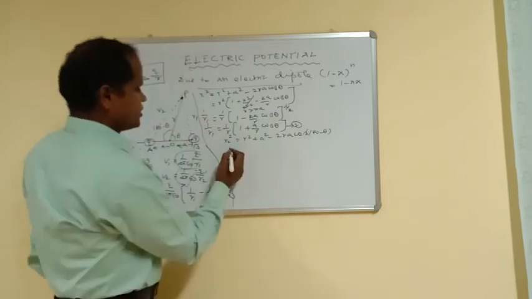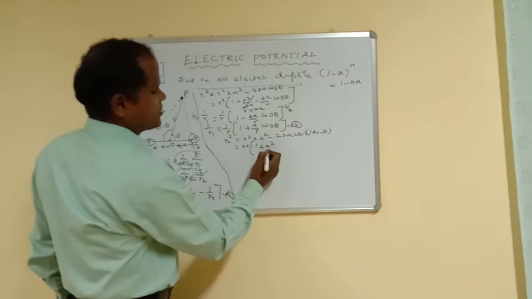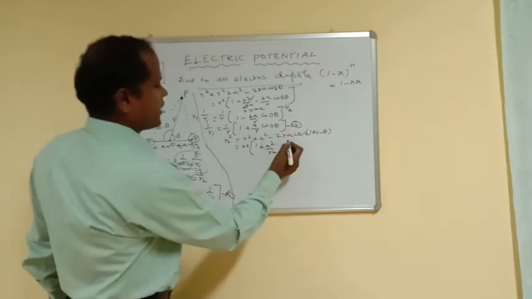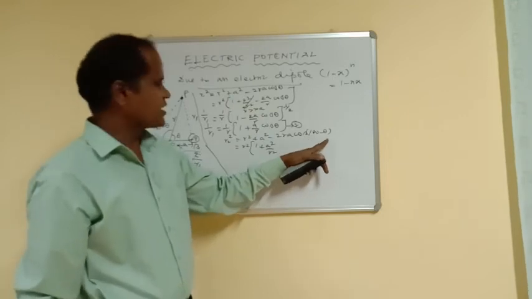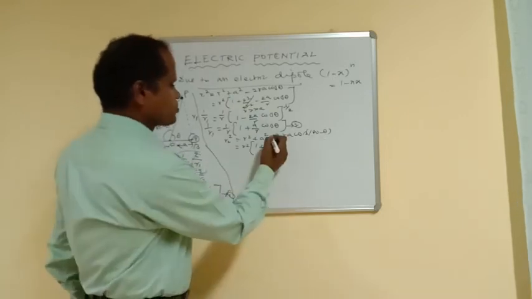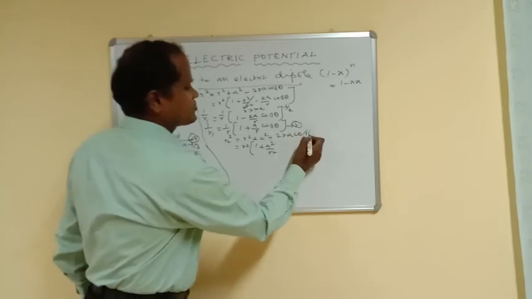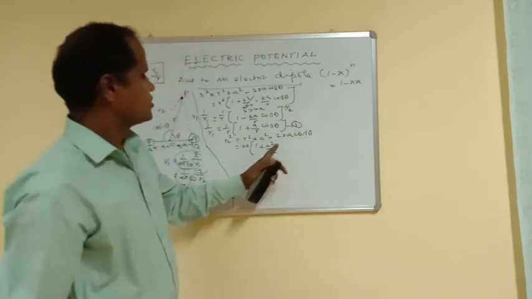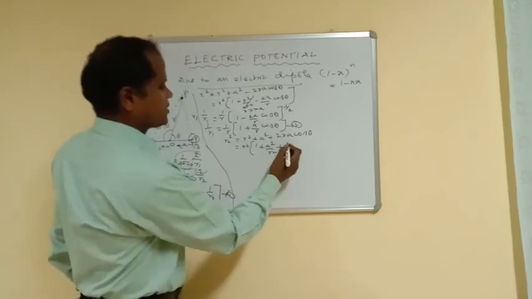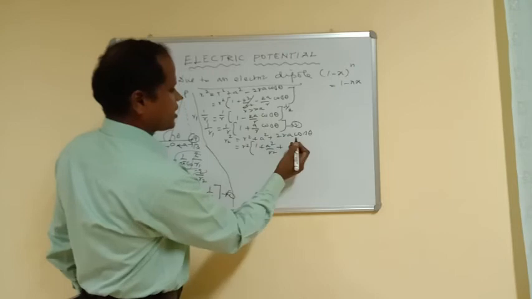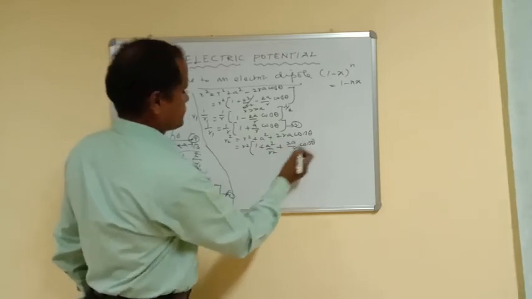Taking R squared out, 1 plus A squared by R squared. Cos(180 minus theta) is minus cos theta, so minus and minus becomes plus, giving plus 2A by R cos theta.